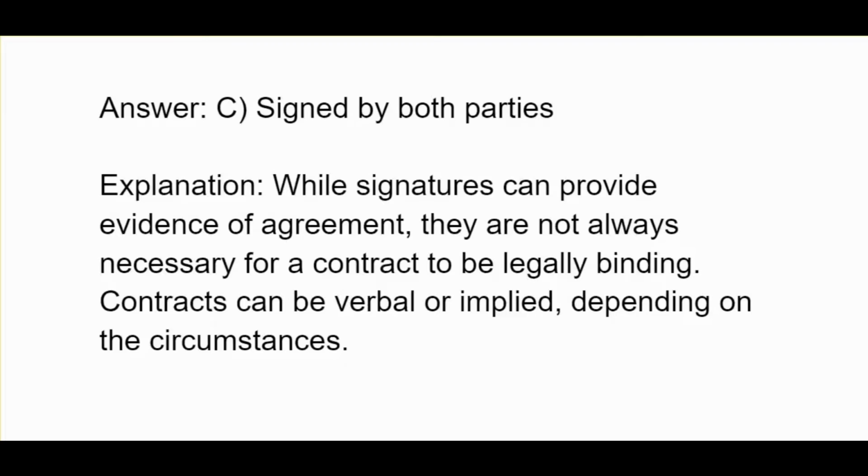C, signed by both parties. While signatures can provide evidence of agreement, they are not always necessary for a contract to be legally binding. Contracts can be verbal or implied depending on the circumstances.